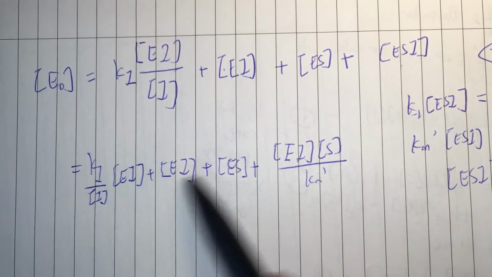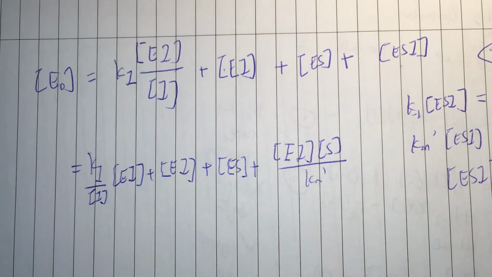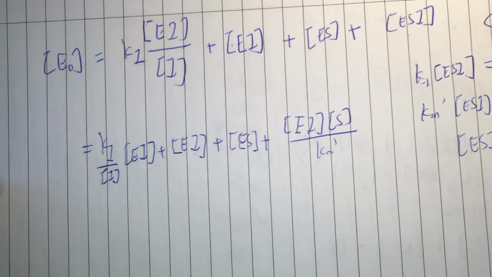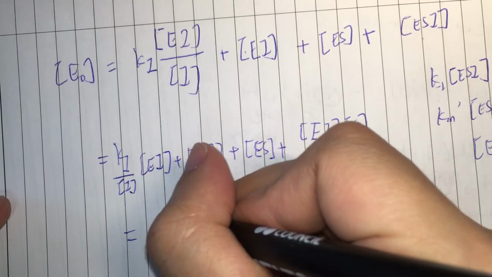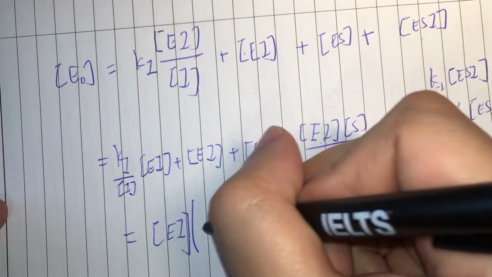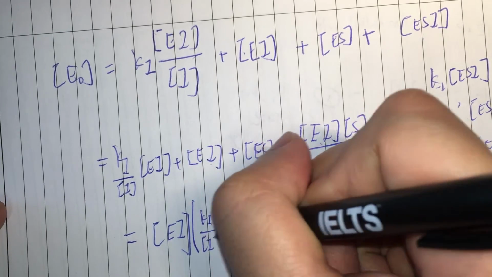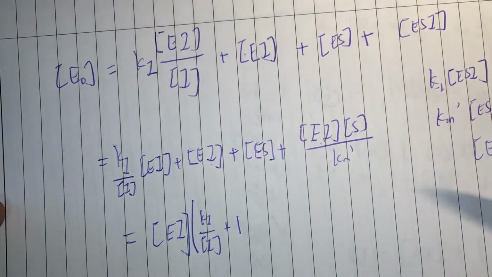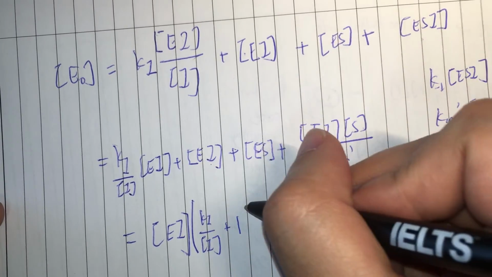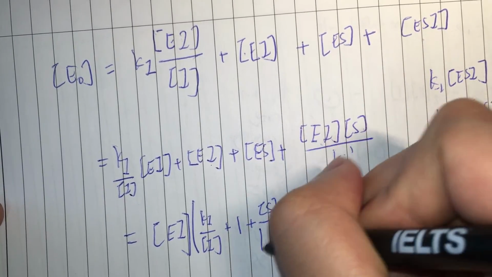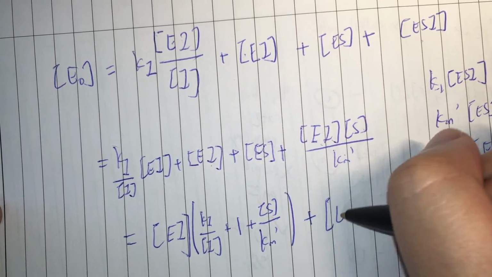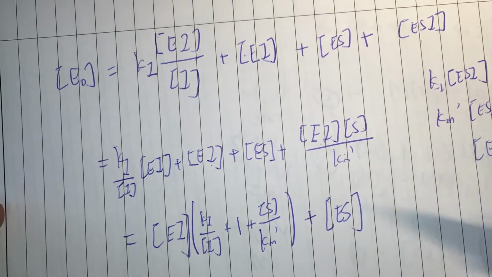Now it's almost perfect, well, not exactly perfect, but we'll have this EI which we want to get rid of. So let's just factorize EI out, and we'll have Ki over concentration of I plus 1 plus concentration of S over Km prime, and that multiplies EI, plus ES.